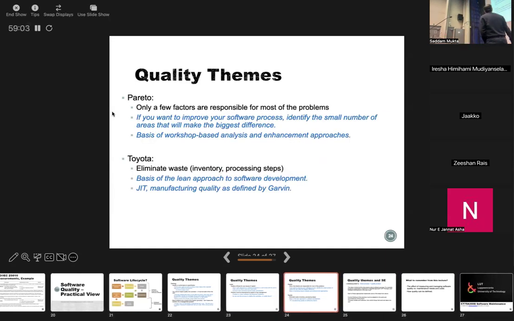So there are many other quality themes. One is from Toyota, that is eliminate waste. It's a very good approach. It's called the lean approach. In the lean approach, they first find out what the backlog is, or what the inefficient things are in the process we have.